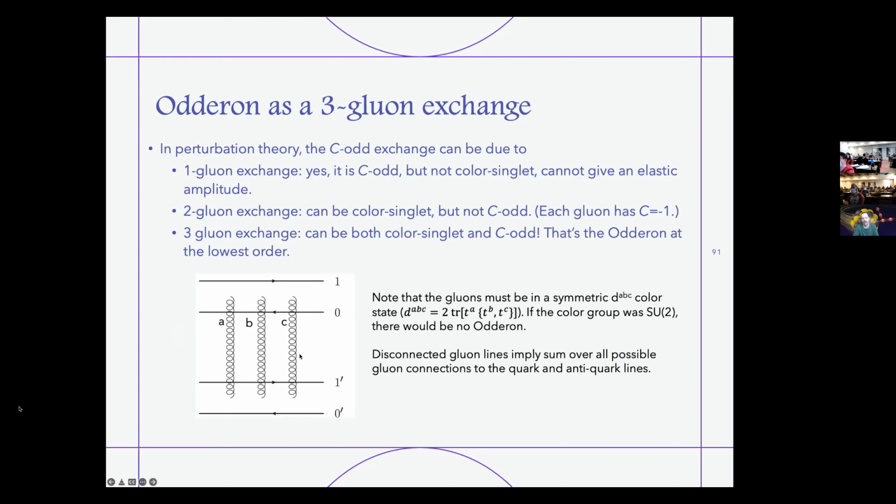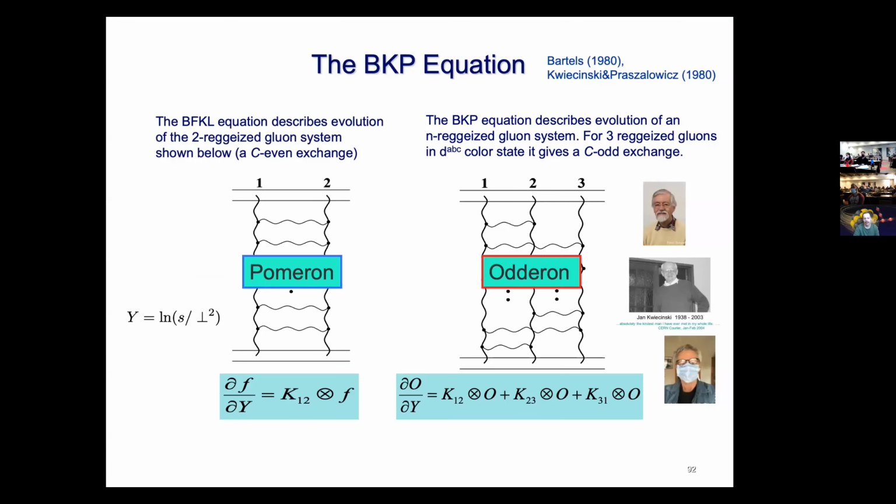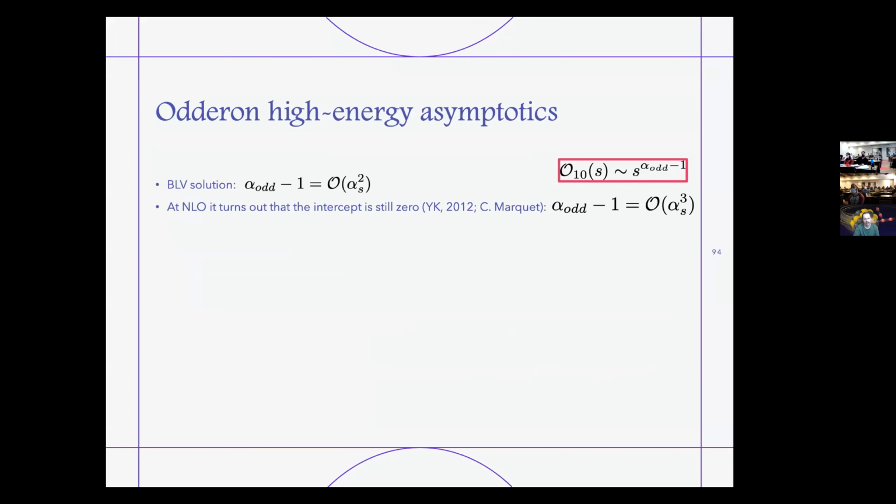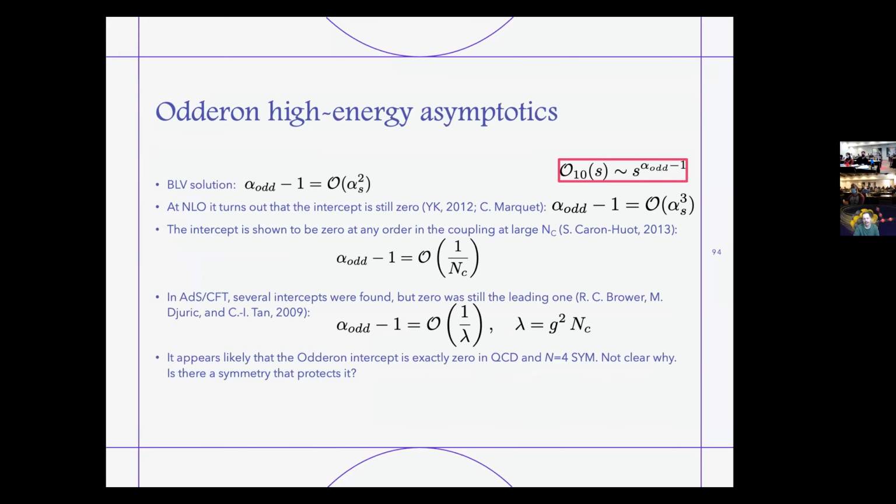So this triple gluon object carries C-odd quantum numbers, and it's a bit of a mystery. These are details I don't have the time to discuss. The point is that there is a mystery surrounding the odderon: the odderon amplitude grows as a constant of energy. So the power of energy of the odderon amplitude is 0. It's 0 order by order in perturbation theory.